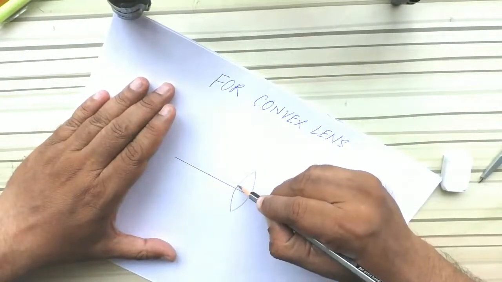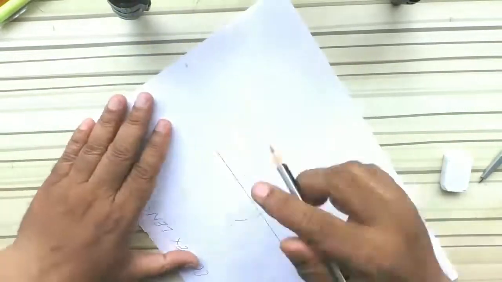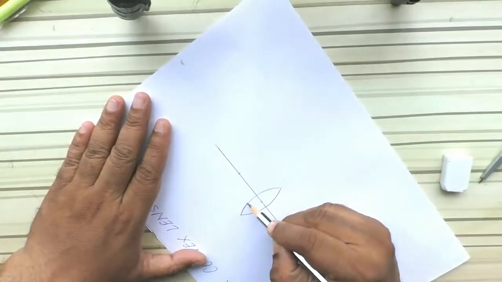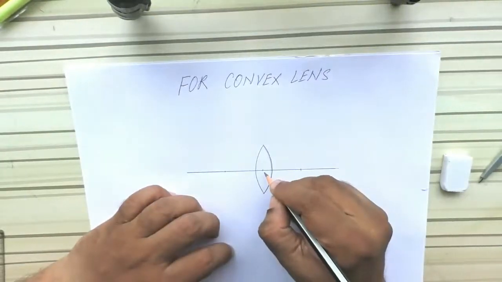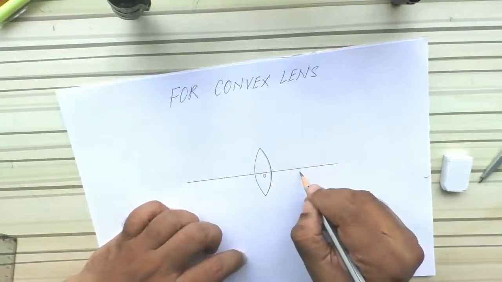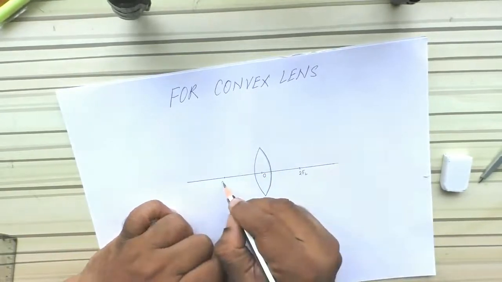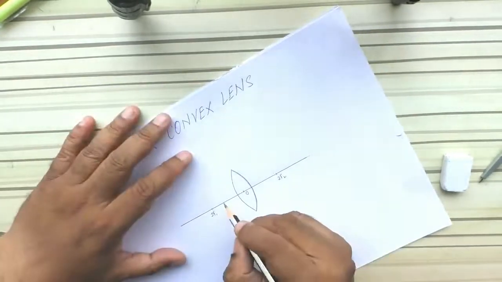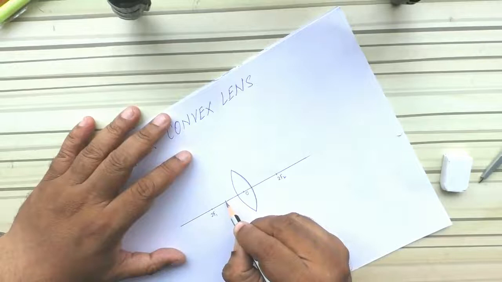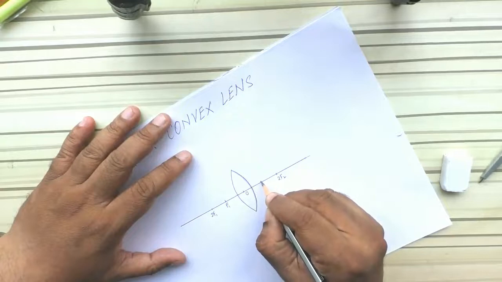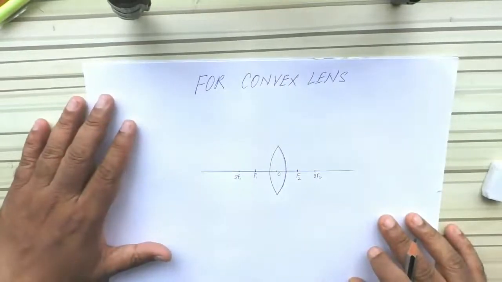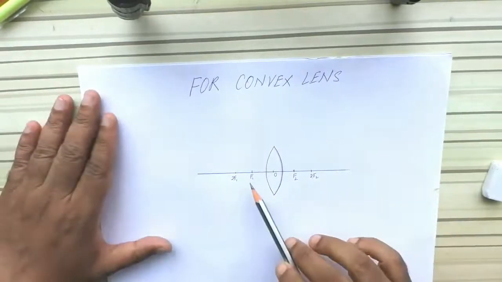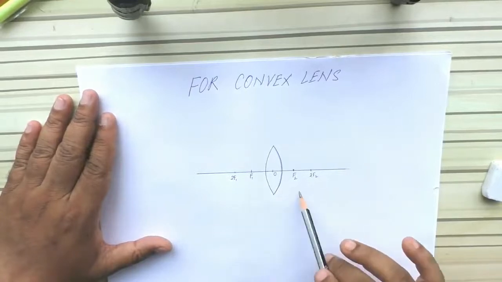If you need a darker diagram, can draw like this. So this point is optical center. This is 2f2 and this is 2f1, and roughly half of that can be considered as f1 this side and f2 this side. Not that accurate measurement is required, but roughly you can mark the f1 and f2, these 2 points.